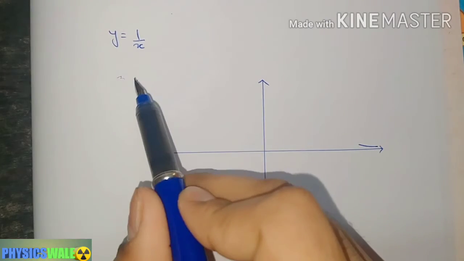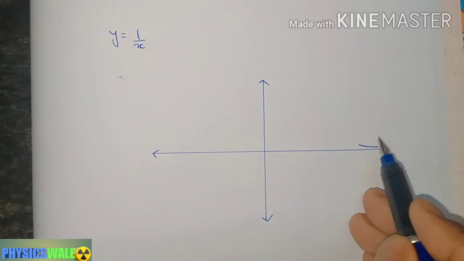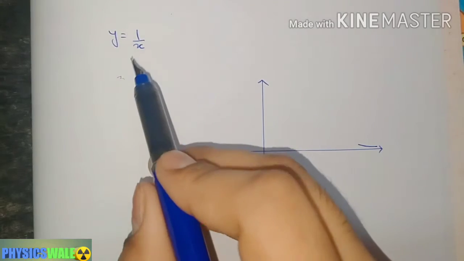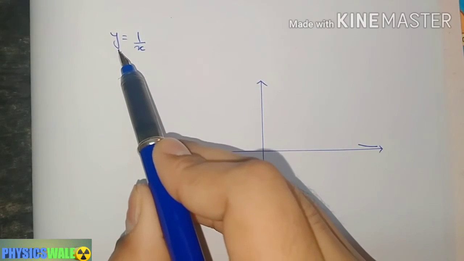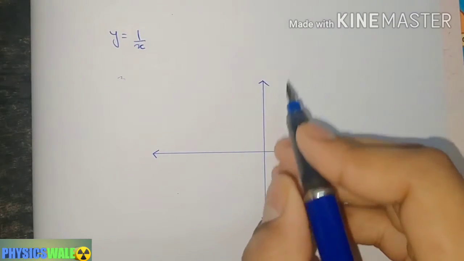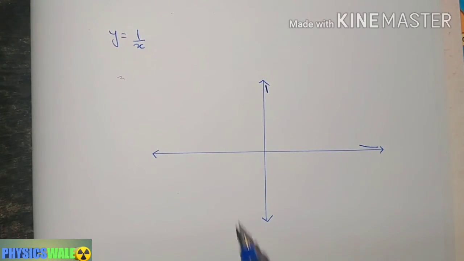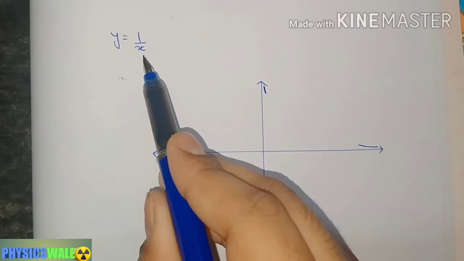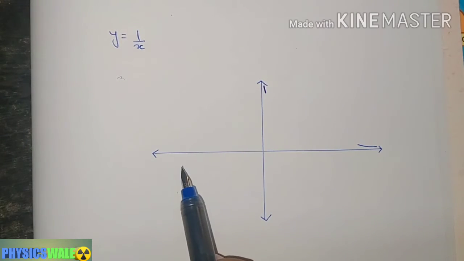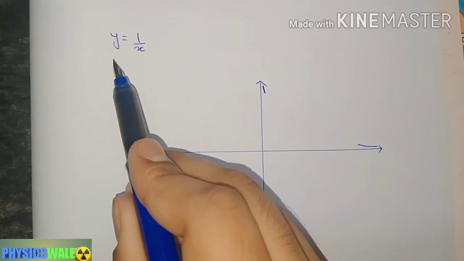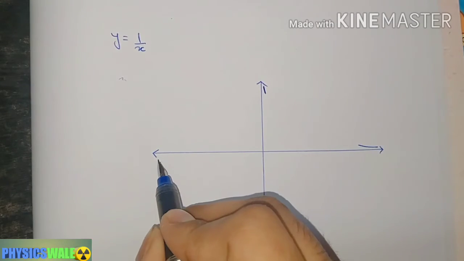And if I decrease the value of x, that is I move closer to the y-axis, the value of y will increase. That is, it will move towards this side, something like this. If I increase the value of x but in the negative direction, that is here, the value of y will decrease but in the negative direction, something like this.